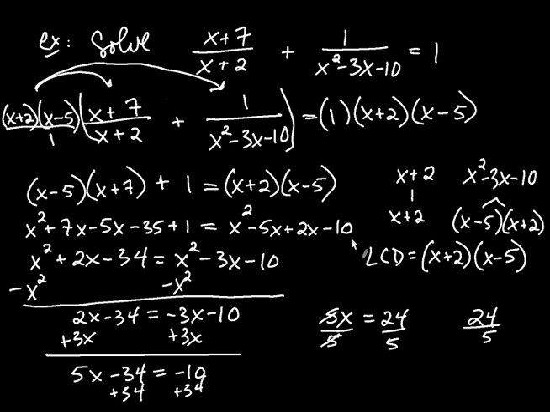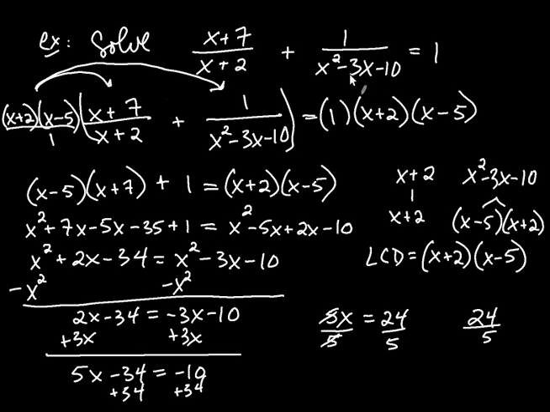So I got kind of lucky here that this was not negative 2, because if it was, it wouldn't be a solution because it would have caused one of the expressions to be undefined. And likewise, what would have caused this to be undefined? Well, remember, this was just x minus 5 times x plus 2. So for this, x could not be negative 2 or positive 5.